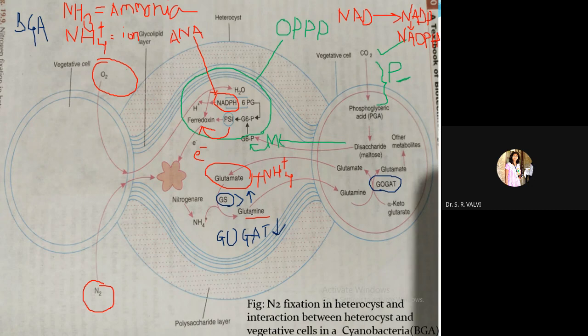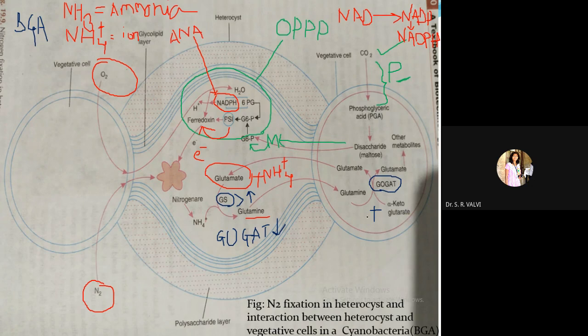Here again glutamine is written. Now this glutamine is going to combine with whom? Alpha ketoglutaric acid, alpha ketoglutarate or alpha ketoglutaric acid.